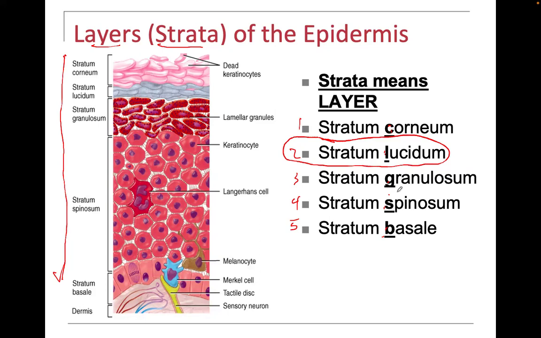Sometimes the basal layer is also referred to as the germinativum because it's the germinative layer where we have stem cells. You can see down in that basal layer there's cellular division happening. These cells multiply and divide, and they push up until you get to the top layer, where we have just dead keratinocytes, which is the stratum corneum.